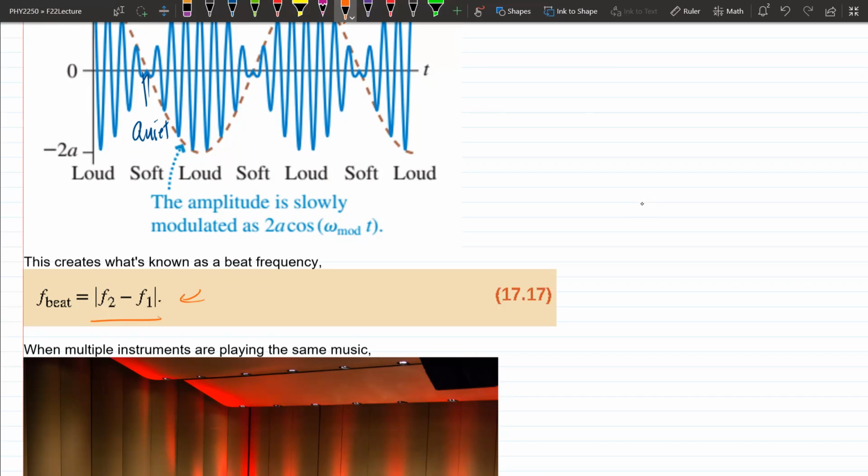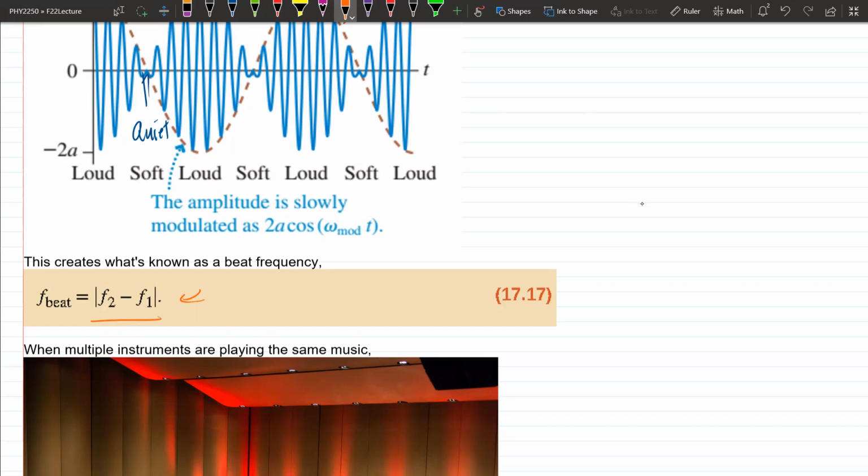The beat frequency you hear, this wah, wah, wah sound, is 3. By modifying the frequency of one of the tuning forks, you can completely predict how fast that wah, wah, wah sound is going to be.